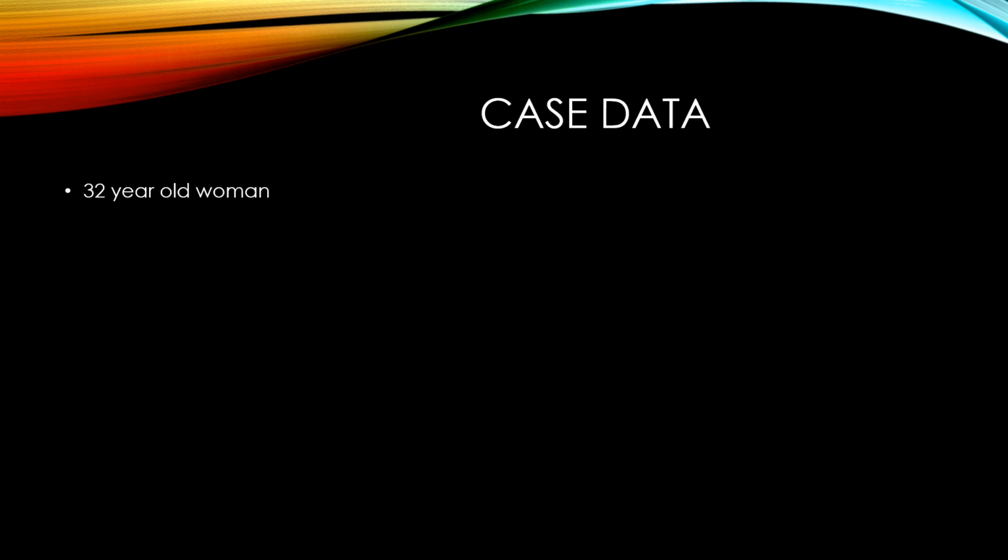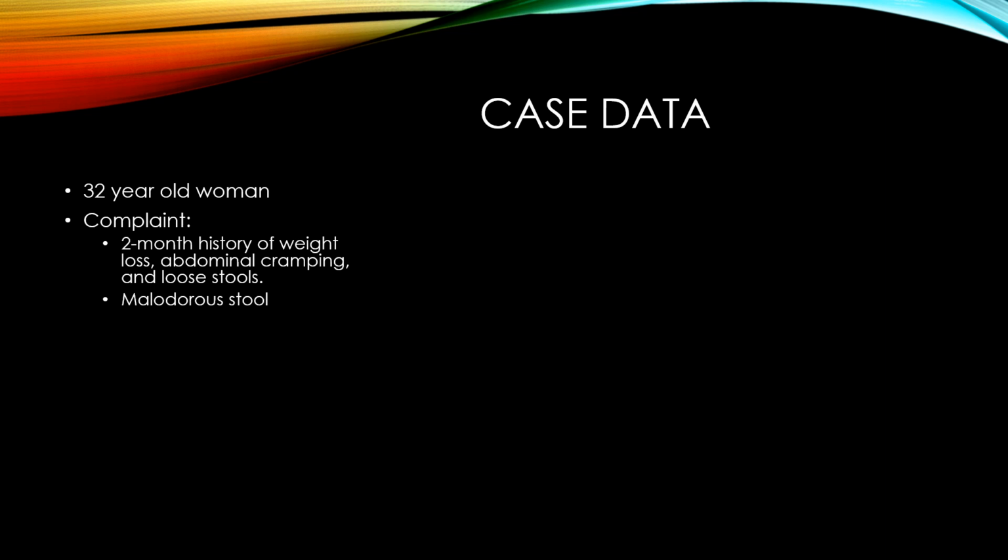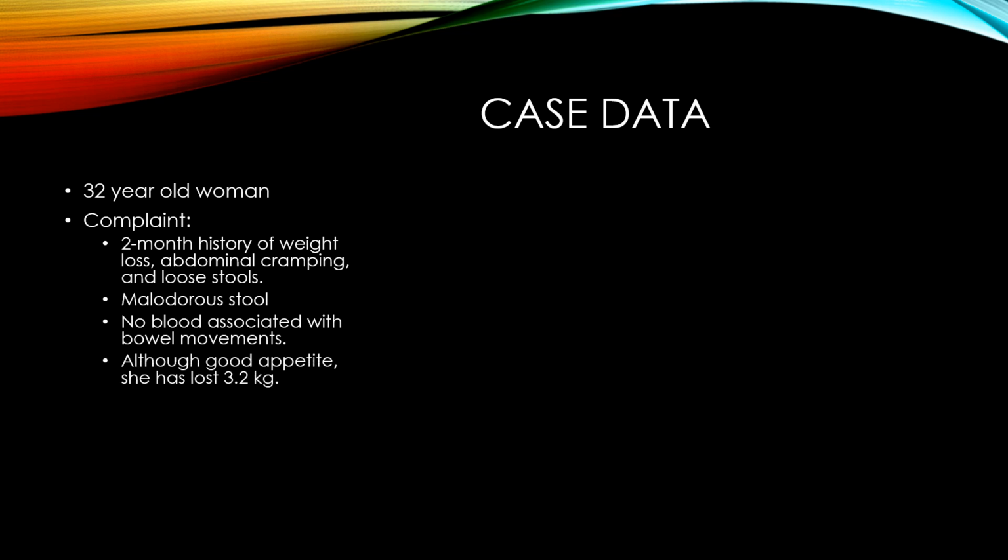A 32-year-old female complaining of a 2-month history of weight loss, abdominal cramps, and loose stool, with malodorous stool but no blood associated with bowel movements.